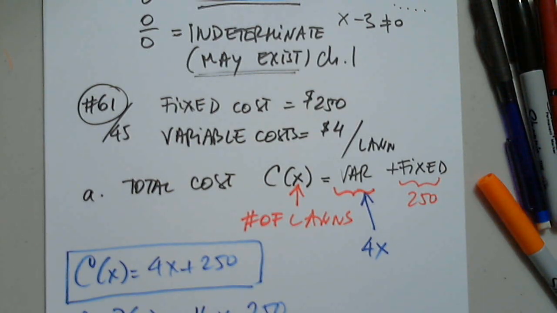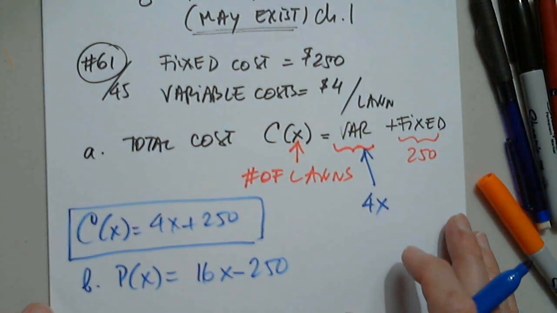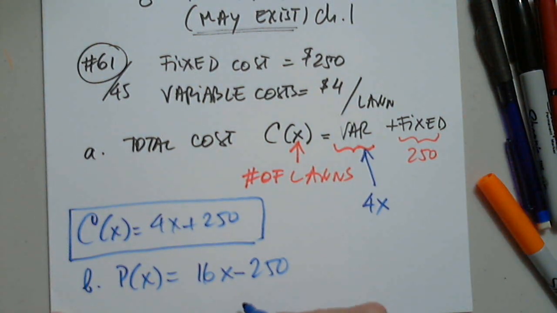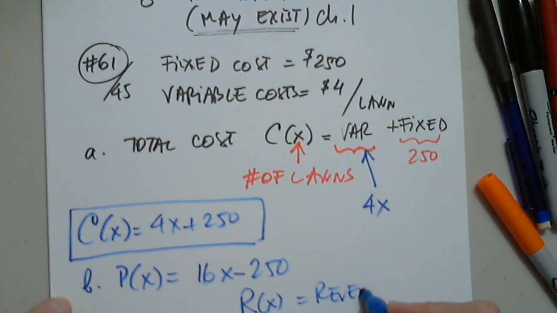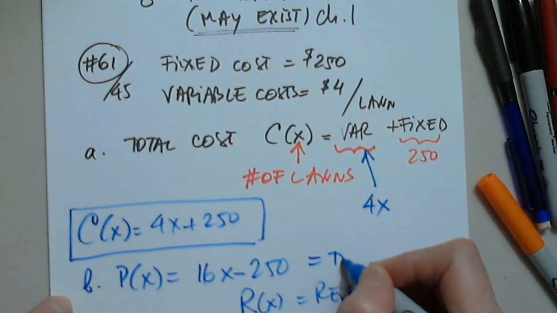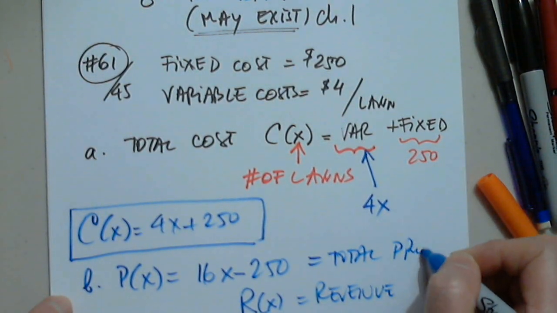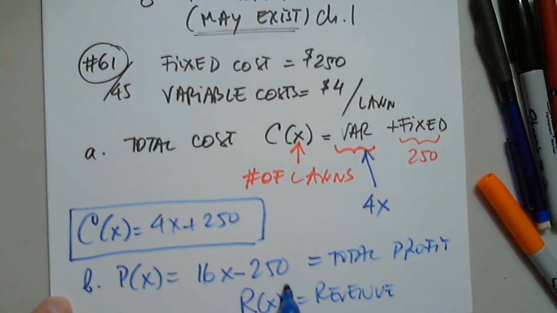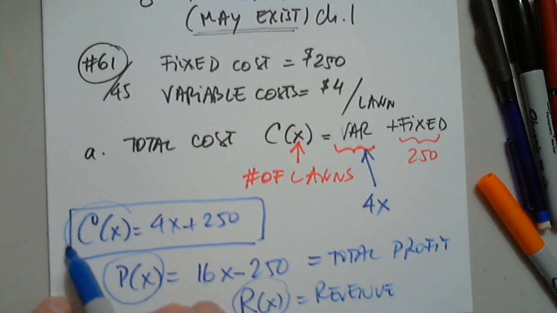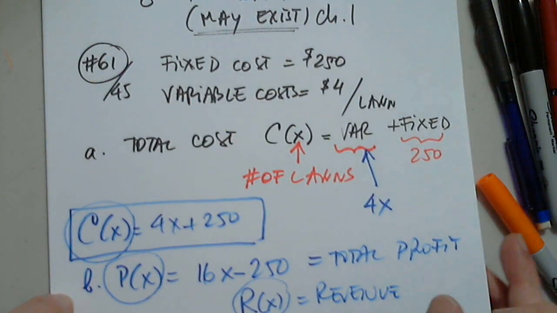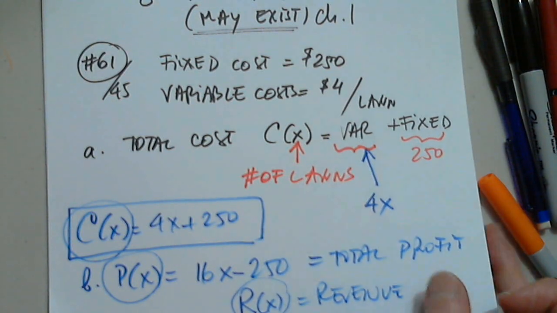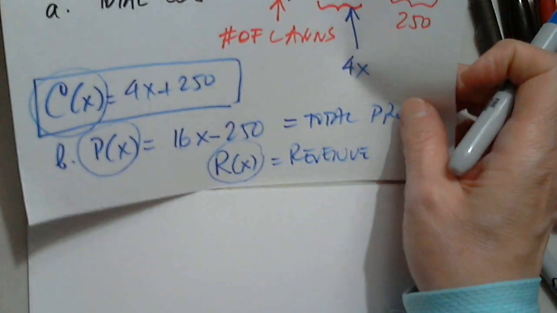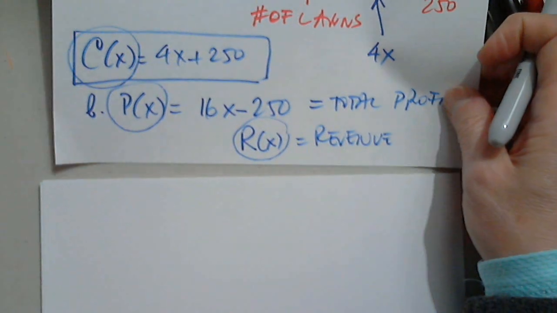Does anyone remember the relationship between total cost, total profit, total revenue? I think it's revenue equals profit minus cost.